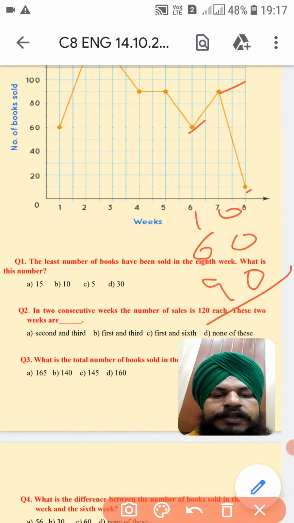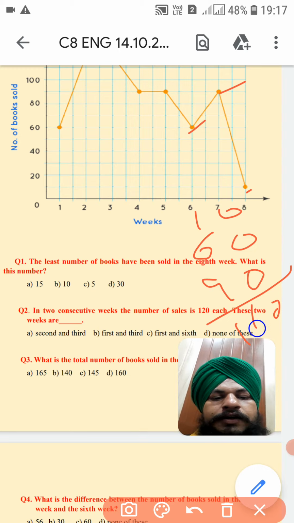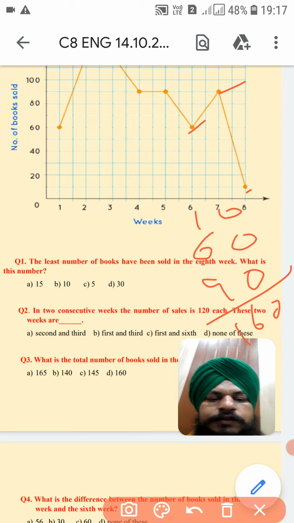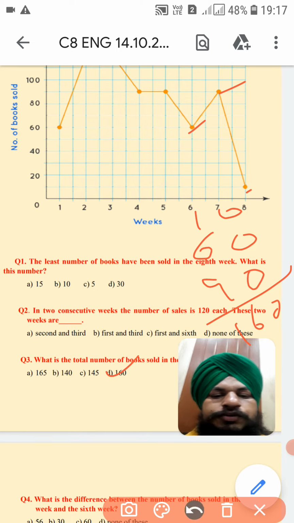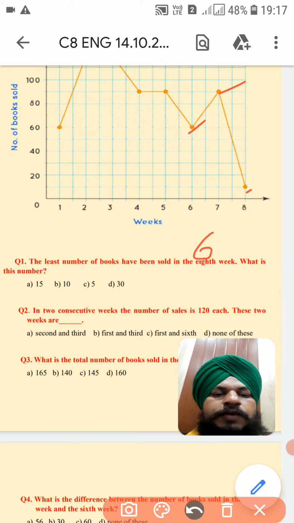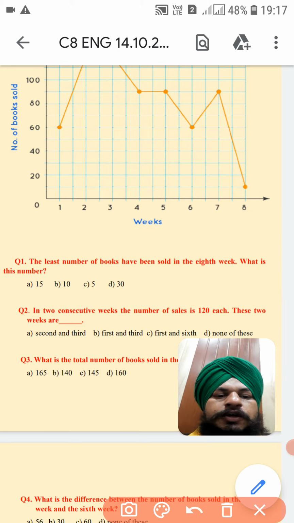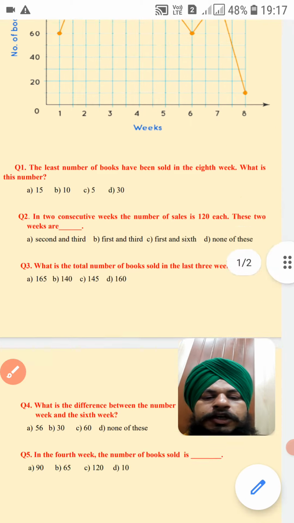So total is 160. So D option is the correct answer. 160 books sold in the week 6th, 7th, 8th, or you can say last 3 weeks.